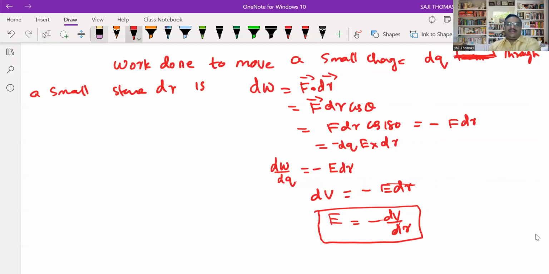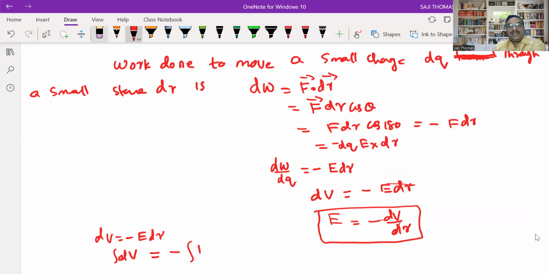We can write V in another way. If you integrate dV, we are moving from B to A. So if you are integrating between A and B, dV equals minus E dr. Since we moved the charge from B to A, you are integrating it accordingly. So what is integral dV?